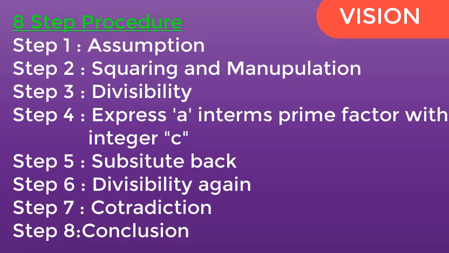Finally we compare the equations in step 7, and based on the comparison we get the contradiction. So step number 7 is contradiction, and step number 8 is conclusion, whether it is irrational or not, based on step 7. That's all. This 8-step procedure will be followed for all the sums which come.